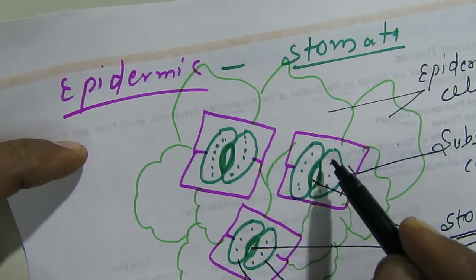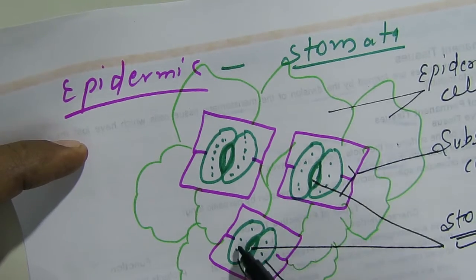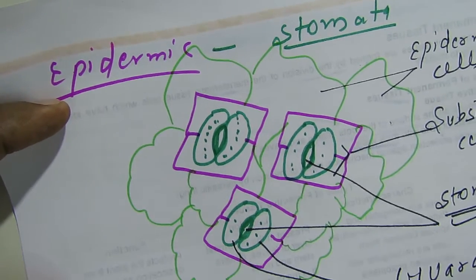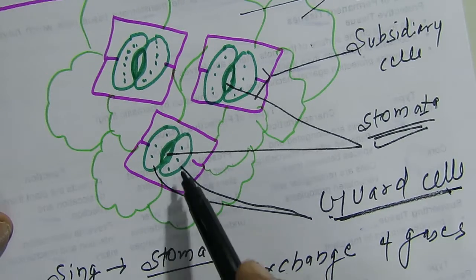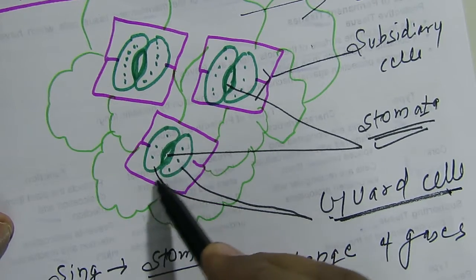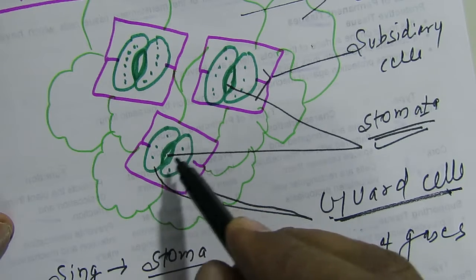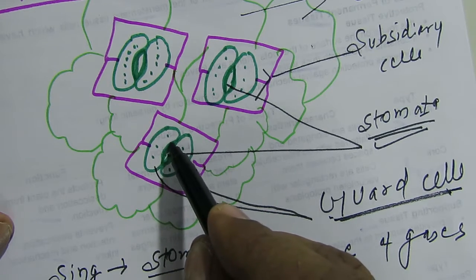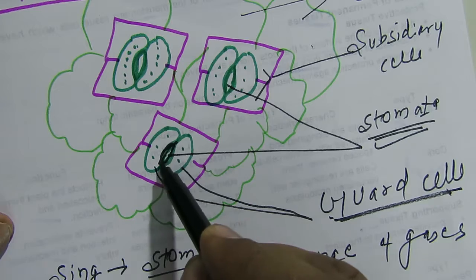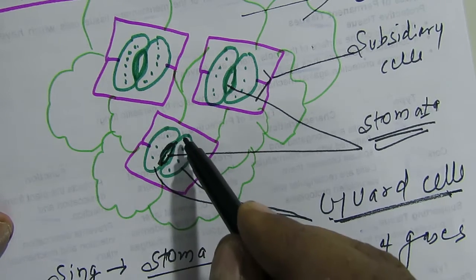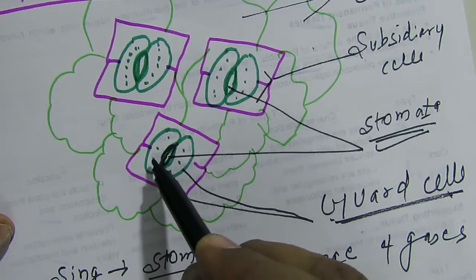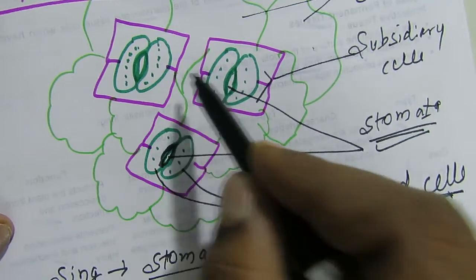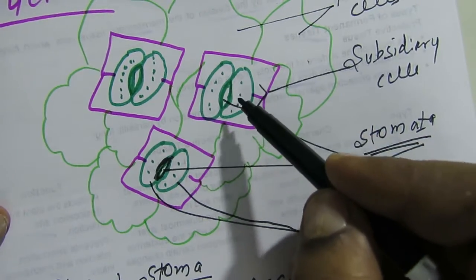These tiny holes are surrounded by two bean-shaped cells, called guard cells. You can see very clearly, they look like a rajma seed or kidneys. The inner cell wall of the guard cells is very thick, but the outer wall is thin. And they also contain lots of chloroplasts.